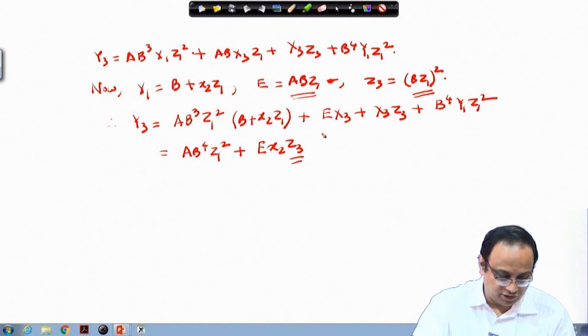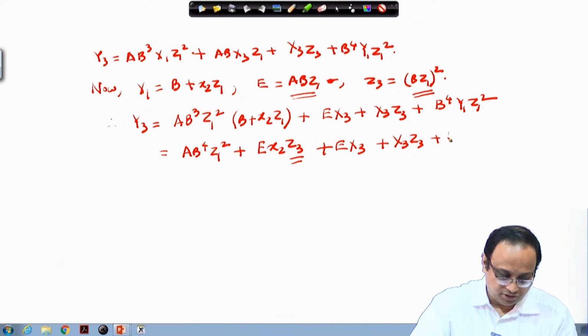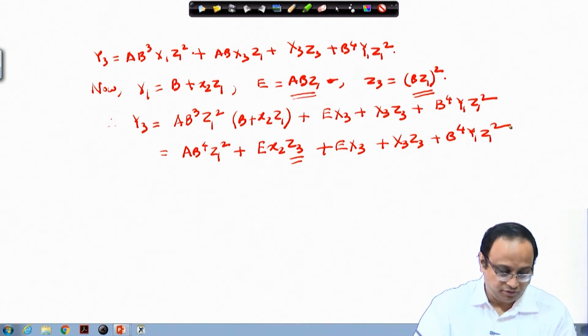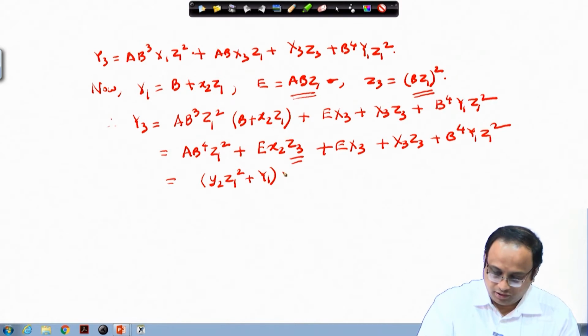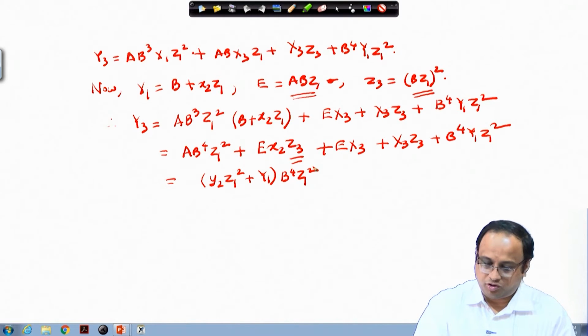So you will get E x2 z3 plus E x3 plus x3 z3 plus b to the power of 4 y1 z1 square, and that again you can write as y2 z1 square plus y1 b to the power of 4 z1 square being taken common, okay.